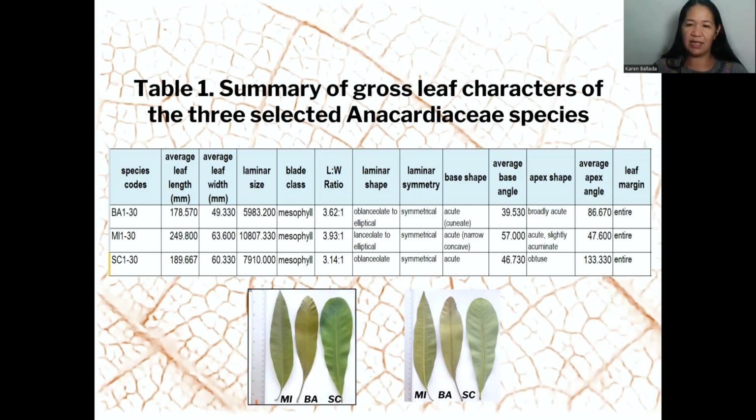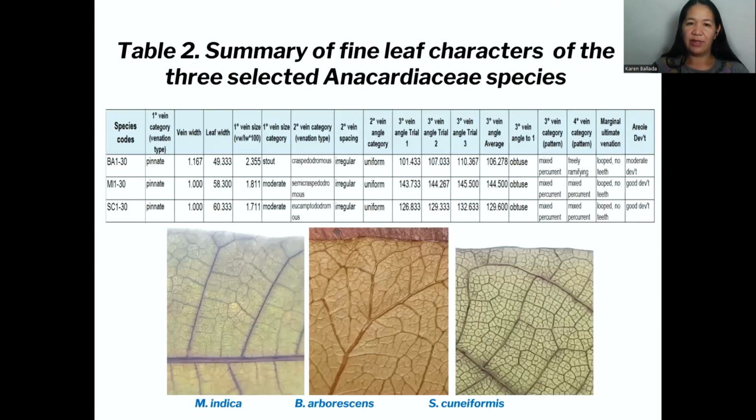Mangifera indica has the widest, whereas the leaf apex ranges from broadly acute to acute and obtuse. In terms of leaf margin, they're all entire. Now, for their fine leaf characters or venation patterns, you can see it there, and some of the font is quite small.